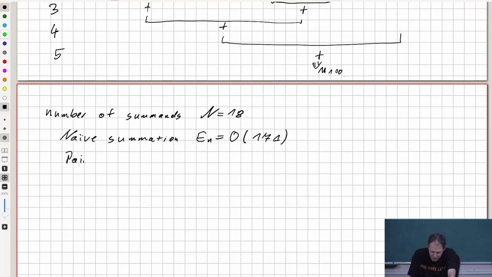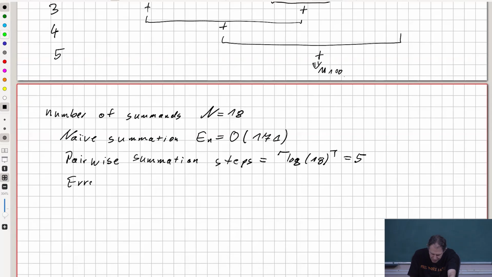The pairwise summation, because we went only through 5 steps instead of 17. The number of steps is actually the upper bound of the logarithm of 18, and the upper bound of the logarithm of 18 is 5.